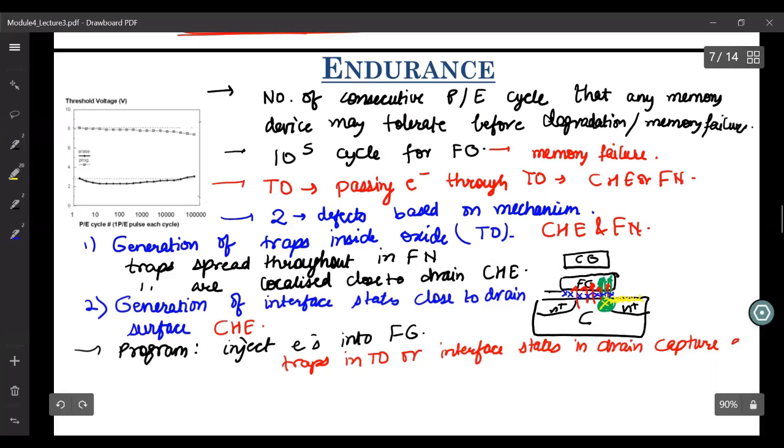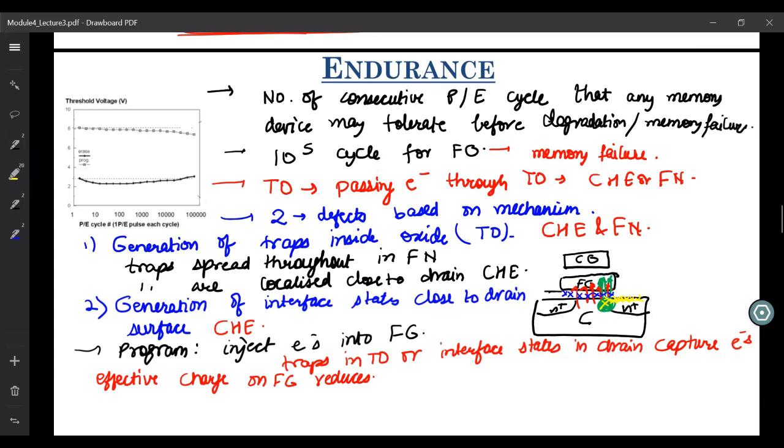As such, the effective charge which had to be transferred from your channel to the floating gate reduces. If the effective charge reduces, what happens to your threshold voltage? Your threshold voltage reduces. This is what is seen.